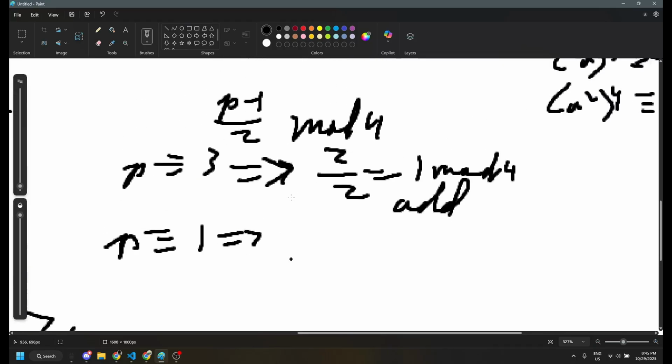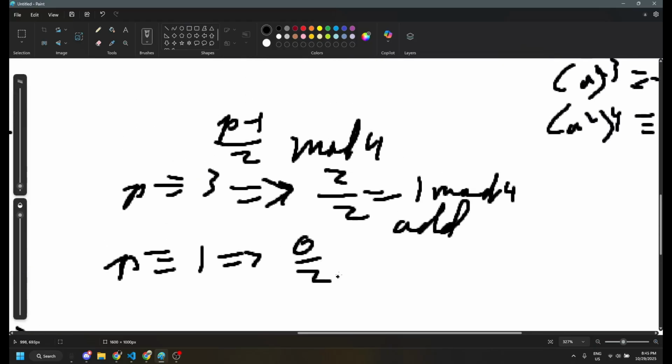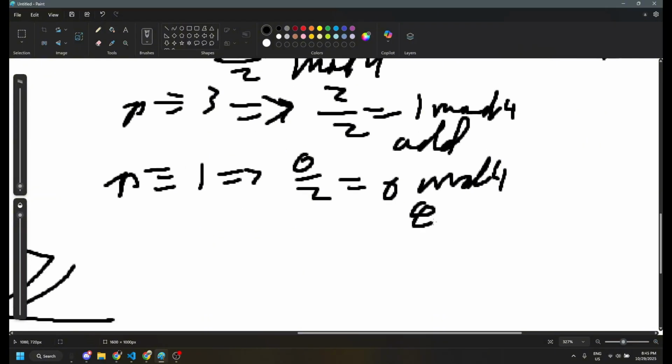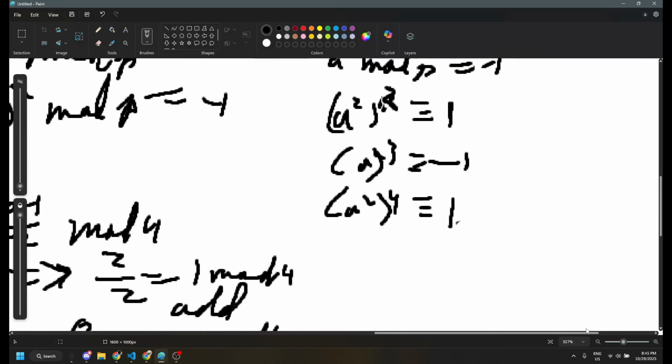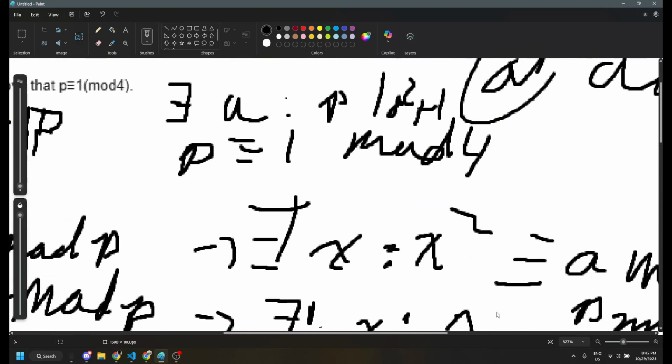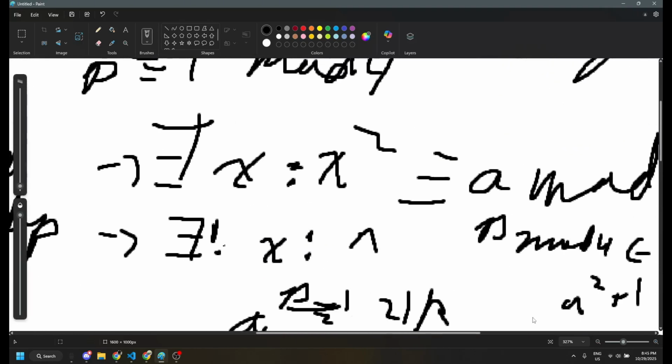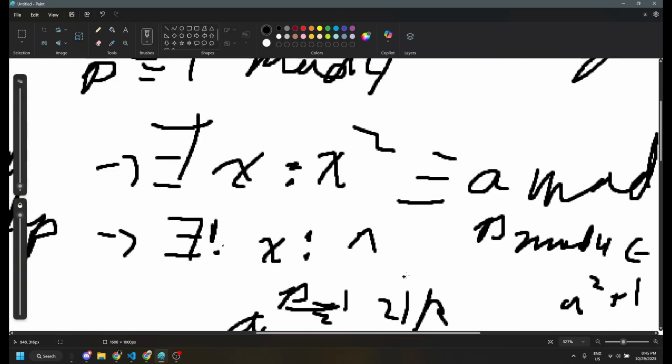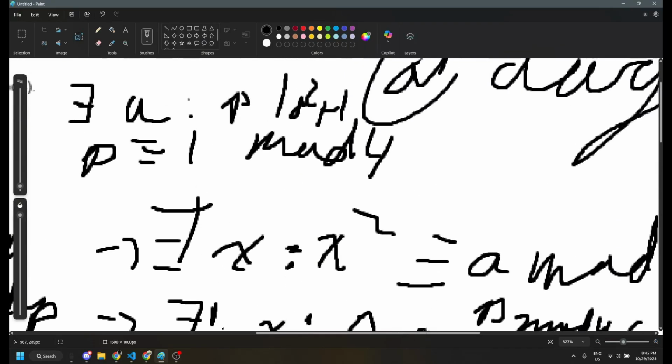Then we get 0 over 2 is equal to 0 mod 4, which is even. We want to show that's equal to 1, so let's look at the even ones. Even ones, we get 1. For 1, we know that there's an x such that x squared is congruent to a mod p.